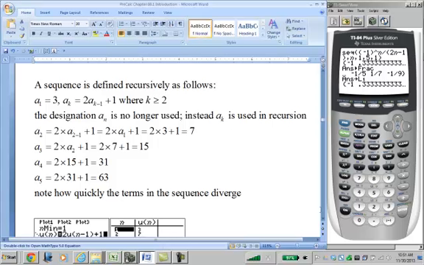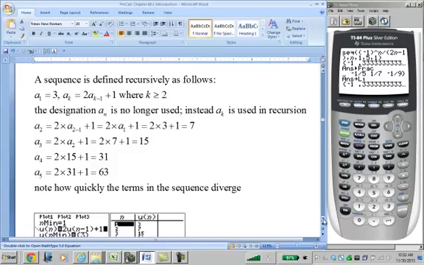So a sub 2 equals 2 times a sub 2 minus 1 plus 1, which is 2 times a sub 1 plus 1, which is 2 times 3 plus 1 equals 7. a sub 3 equals 2 times a sub 2 plus 1, which is 2 times 7 plus 1 equals 15, etc. Notice how quickly the terms in the sequence diverge.